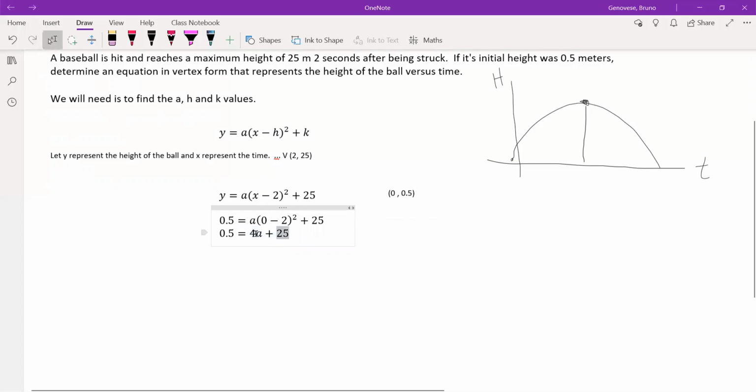To solve for a, we subtract 25 from both sides. That leaves us with a new equation that tells us 4a is equal to negative 24.5.